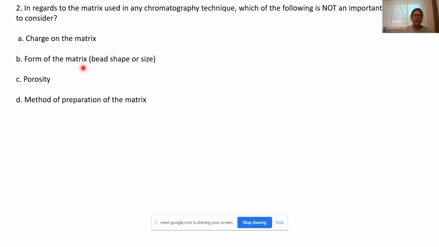Here various characteristics are given, and you have to select which is not an important one. Option A is charge on the matrix, B form of the matrix, shape or size, C porosity, and D method of preparation of the matrix.